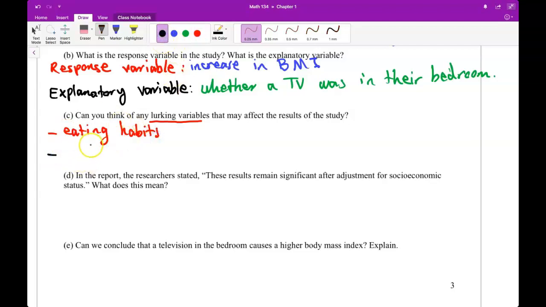Another one, amount of exercise per week. So we can have these two lurking variables that can actually affect the response or outcome.